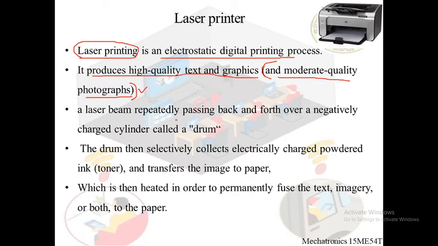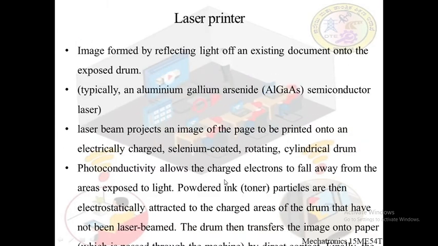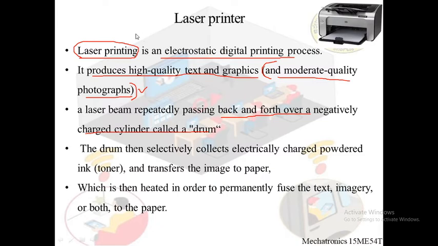A laser beam repeatedly passes back and forth over a negatively charged cylinder called the drum. So here we have a rotating drum. We will understand this with the help of a video.